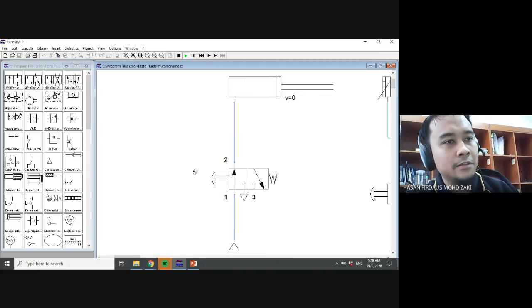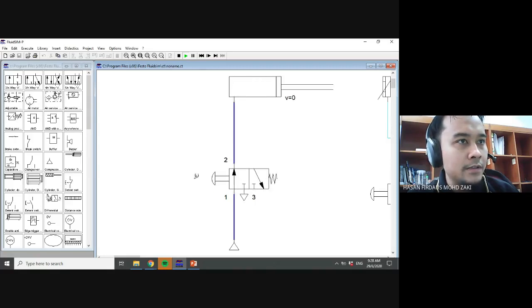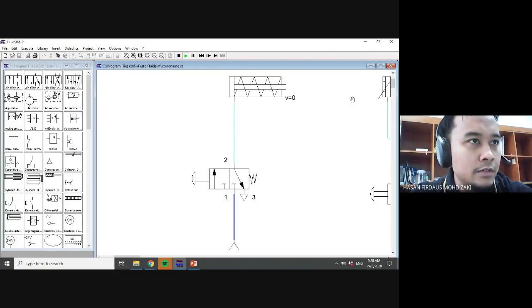Can you see? Push and then release, it goes back because of the spring effect. The spring pulls this one towards the right hand side, so this position is selected again. You can see the value of velocity here.